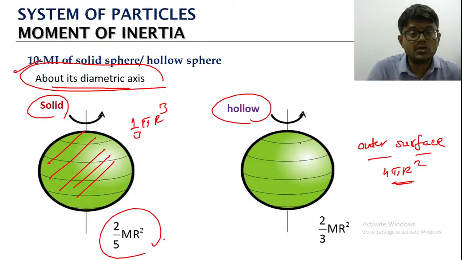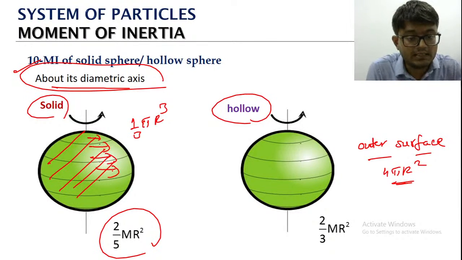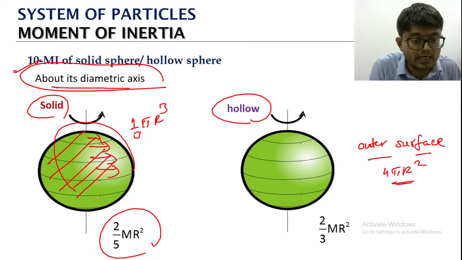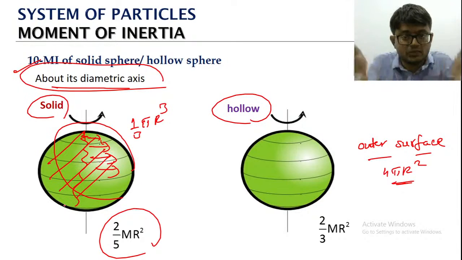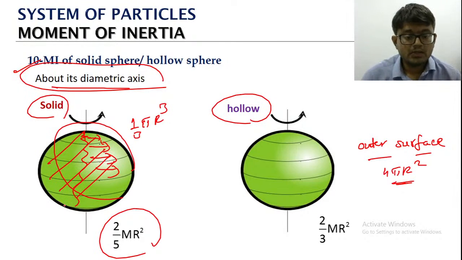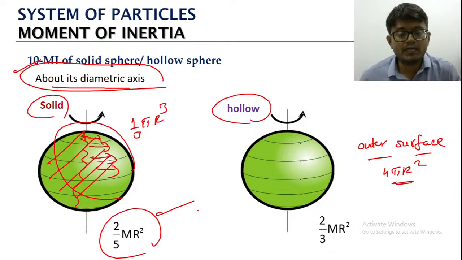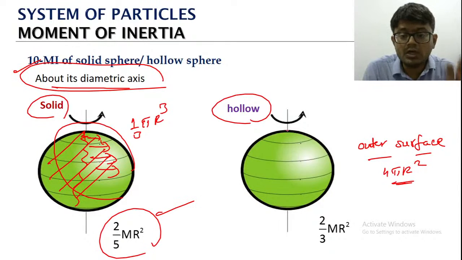Now in the solid sphere, mass is in the entire bulk or volume, which means mass is distributed starting from the axis. So look at the moment of inertia formula, 2 by 5 mr square. What about the hollow sphere? We cannot represent whether it is hollow or solid, that's why we are using the same diagram.